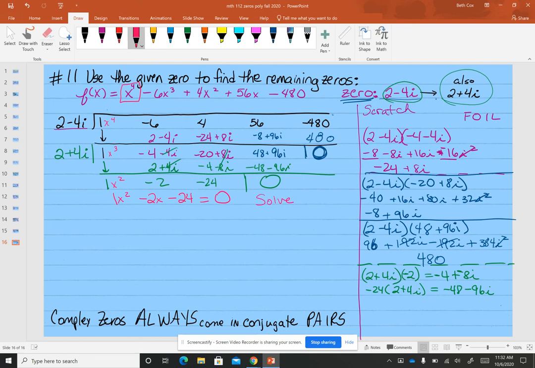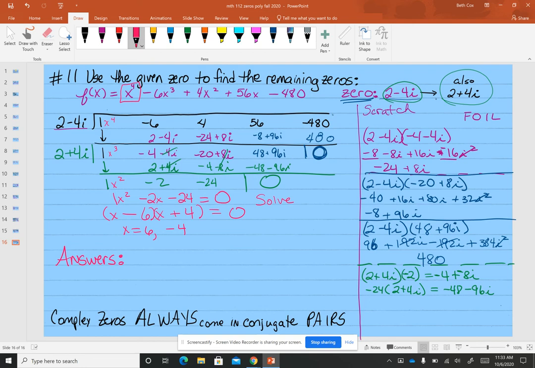Now, I can solve this many number of ways. I can do completing the square. I can do the quadratic formula. But if I try to factor it, it's going to work. So I'm going to go ahead and factor it. And so I have an x and x there, a 6 and a 4. There we go. And so x equals 6 or negative 4. So here's my answers.